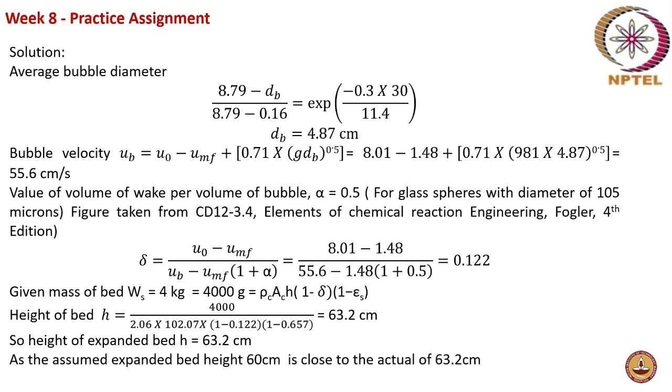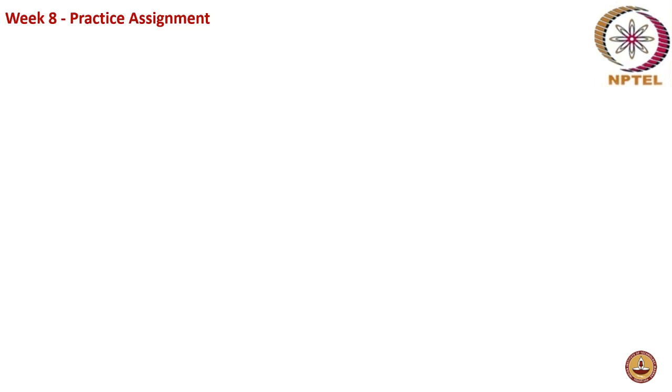And we assumed the expanded height of the bed to be around 60 centimeter, which is actually close to the actual expanded height, which is 63.2 centimeter. So, we can just proceed with the assumed bed height of 60 centimeter, or we can also take the actual bed height of 63.2 centimeter for further calculations.